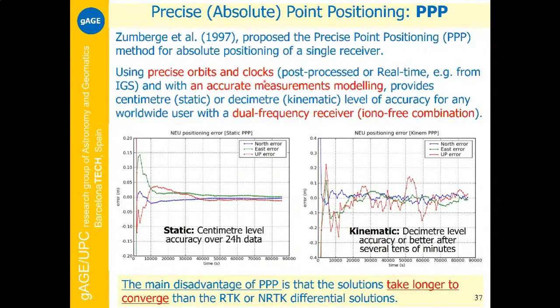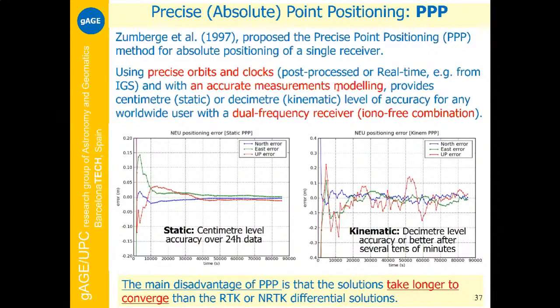Then, instead of reference station measurements, we have computed differential corrections. We have precise orbits and clocks. Then, because the target is to achieve centimeter level, we have to model everything as much as possible. We have to model everything at the centimeter level.